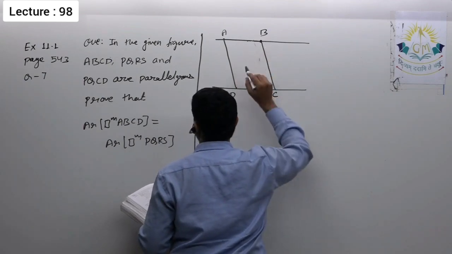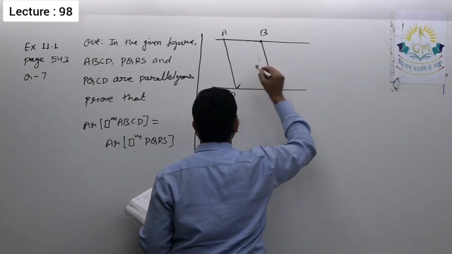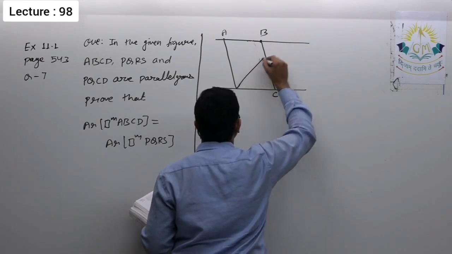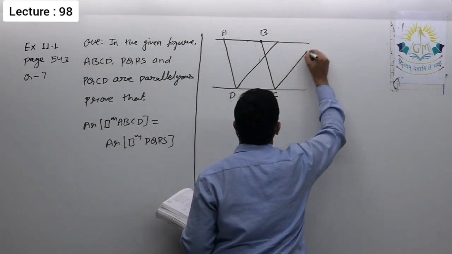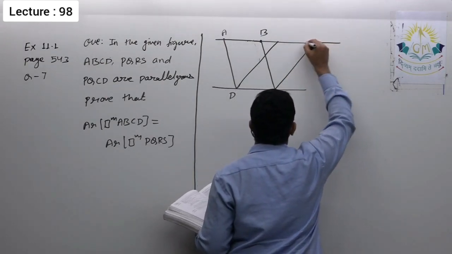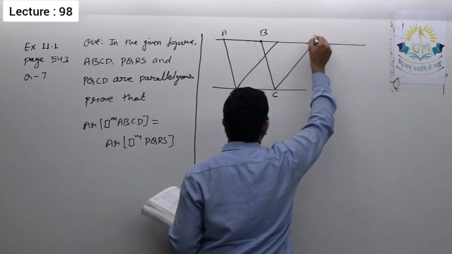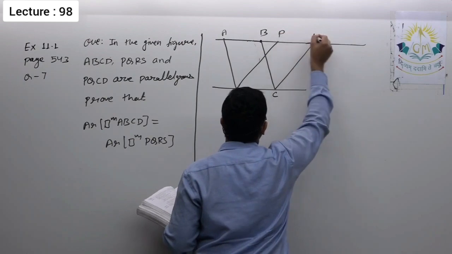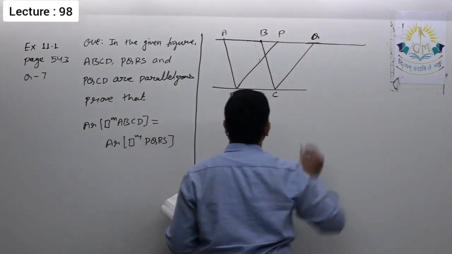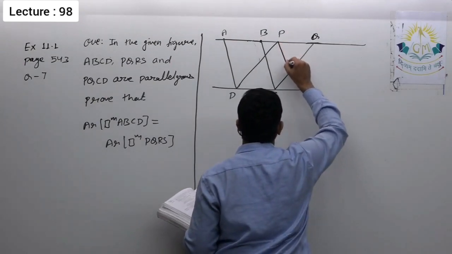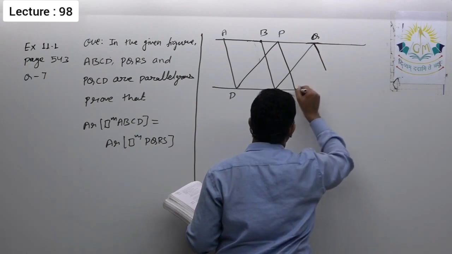Then there is one more parallelogram, PQRS. Also we have parallelogram PQCD. And finally we have parallelogram PQRS.